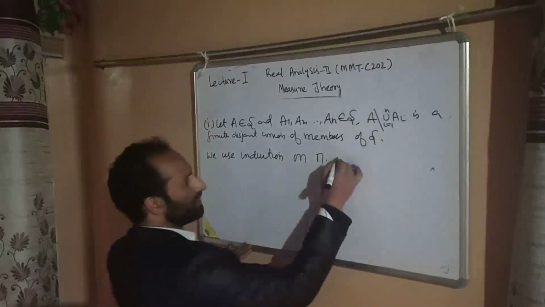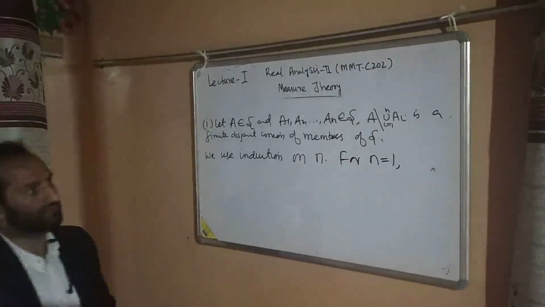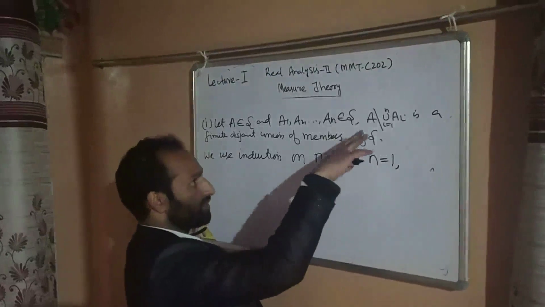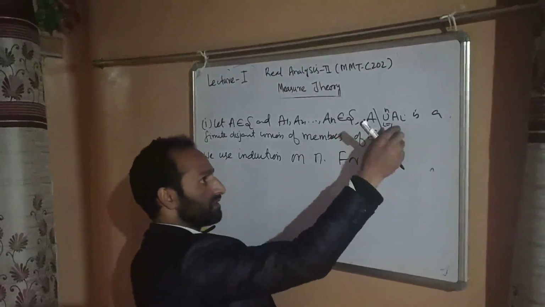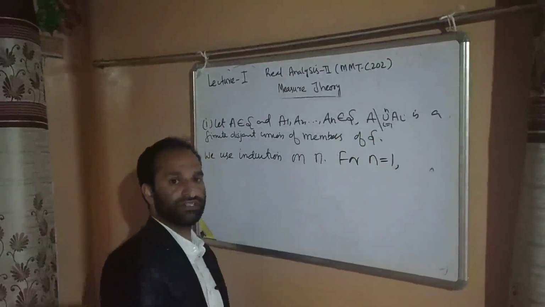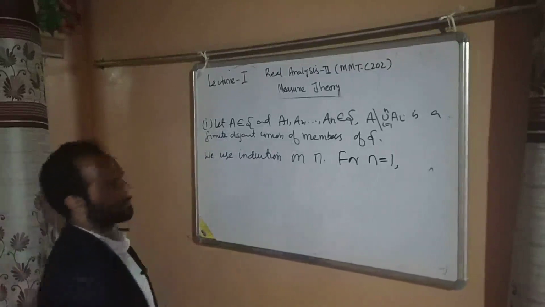For n equal to 1, the result follows from the definition of semiring, because A is a member of the semiring, A1 is also a member of the semiring, and by definition the set difference of any two members of a semiring can be written as a finite disjoint union of members of S.